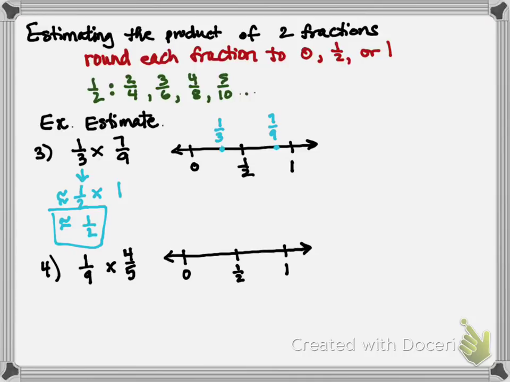I'm going to go ahead and graph these in. 1/9 is going to be way down here. 4/5 is going to be way up here. So if I had to estimate, I want a teeny sliver of something that's not even a whole. 1/9 is about 0. 4/5 is about 1. And that tells me I'm going to get an answer of about 0.